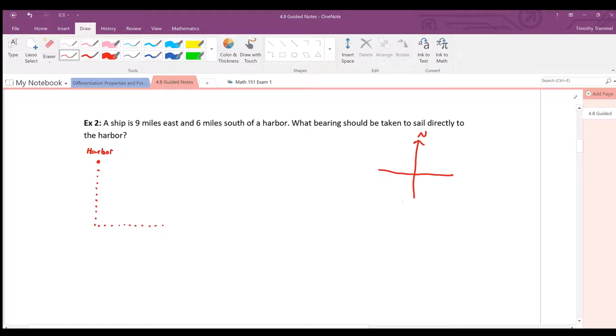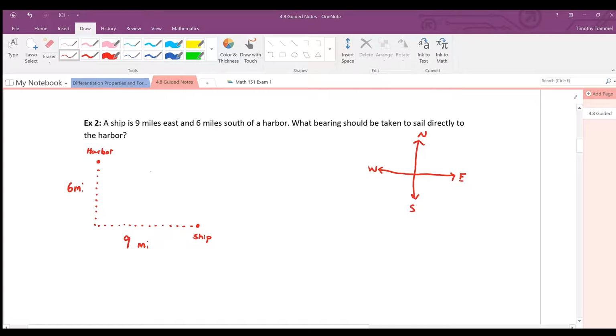North, south, west, and east. I'm also going to sketch in our ship, let's say it's right here. We know 6 miles south, so the length of this is 6 miles, and 9 miles east of that harbor.